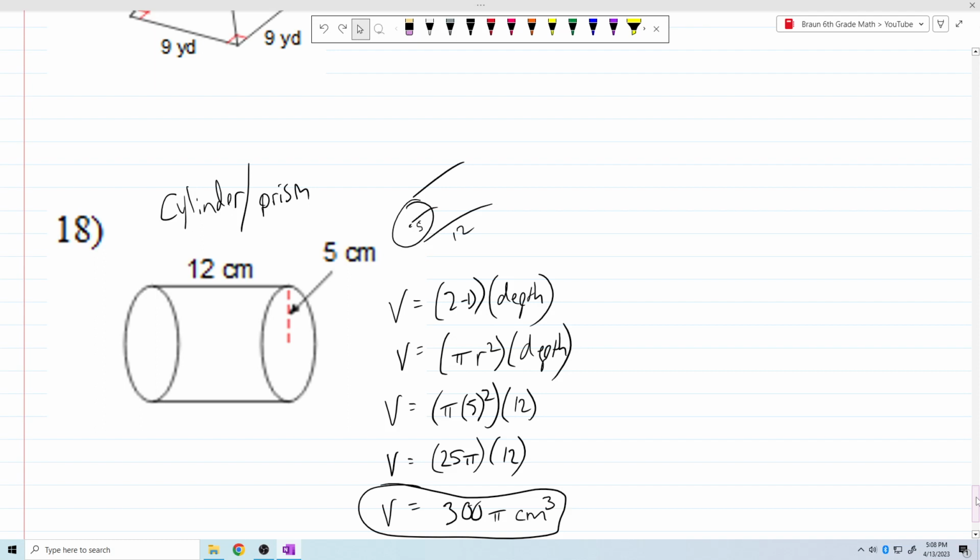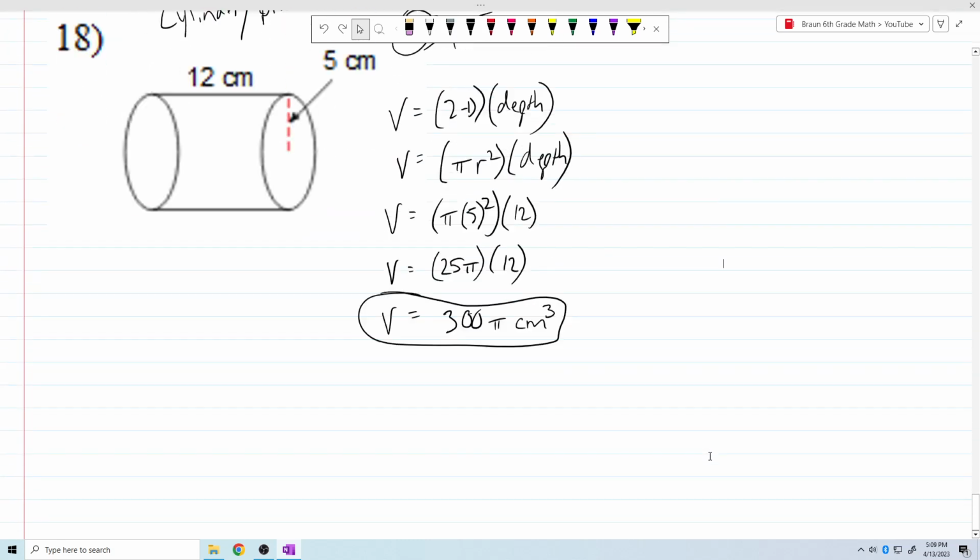With that said, remember from prism, right? You just get the 2D face times the depth, which is what we've done here. Pi r squared times the depth. Dissect the diagram a little bit, find the right numbers, plug them into the right spots, get an answer at the end. 300 pi centimeters cubed.